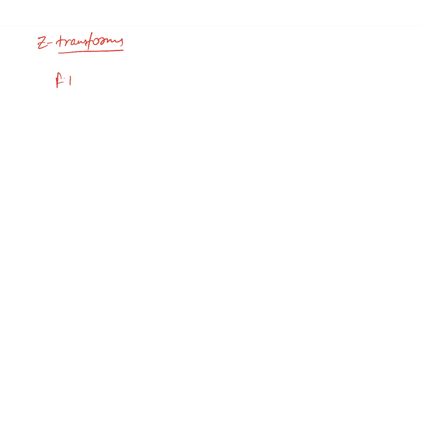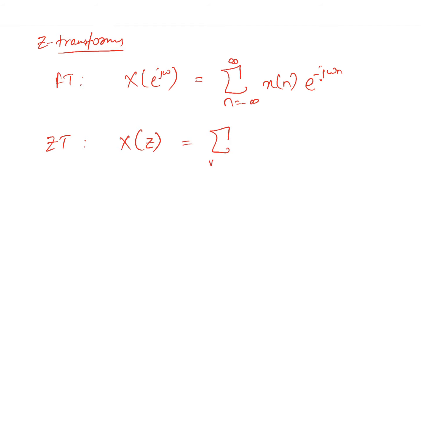So let's recall the Fourier transform, how we have computed it. For the given x of n sequence, we represented x of e to the power j omega as the summation from minus infinity to infinity x of n e to the power minus j omega n. Now for the Z transform, we use the variable z, which becomes equal to the summation for n from minus infinity to infinity of x of n z to the power minus n, right?